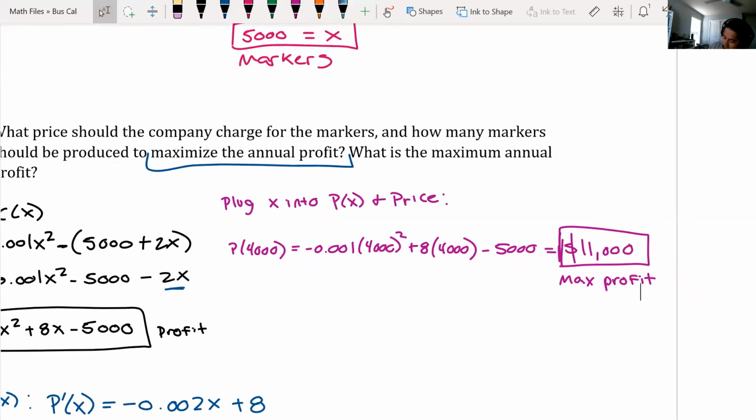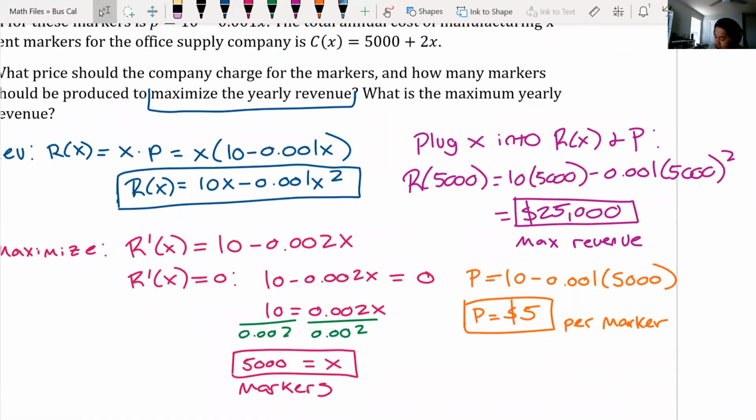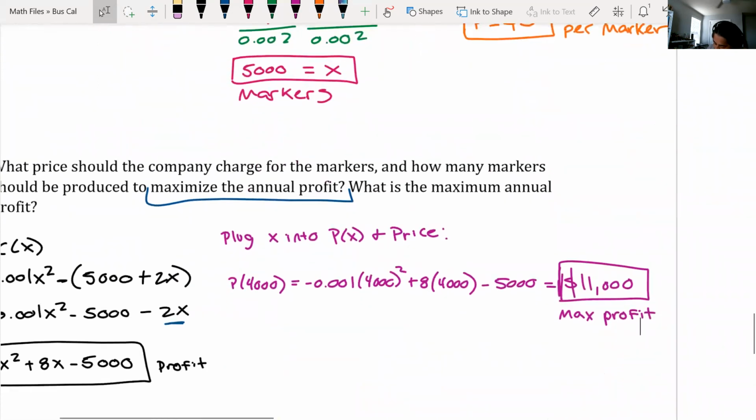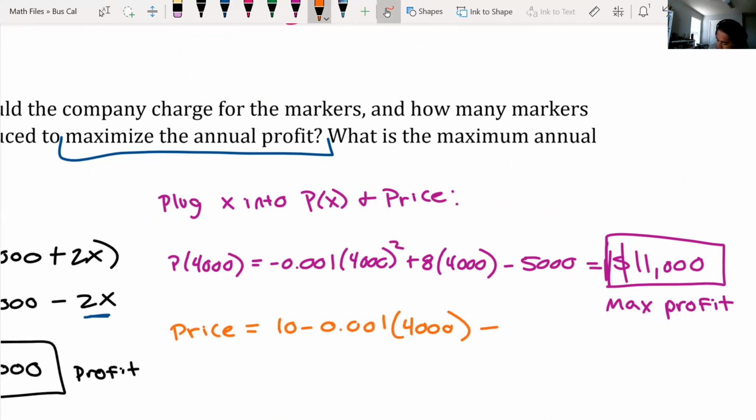Woo, good stuff. Marker business. Okay, last we plug into that price equation. P equals 10 minus 0.001x. So for that, I'll just say price, and you get 10 minus 0.001 times 4,000, and I'm assuming that's $6. That's price per marker.